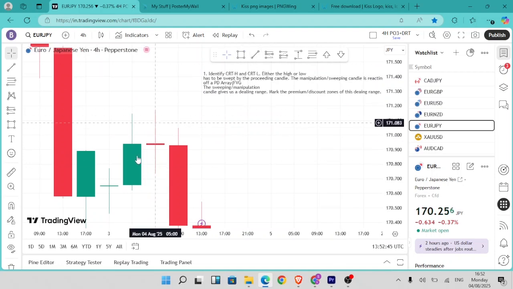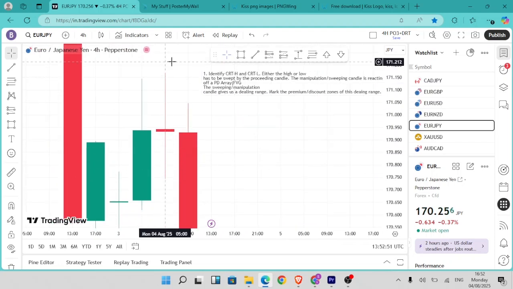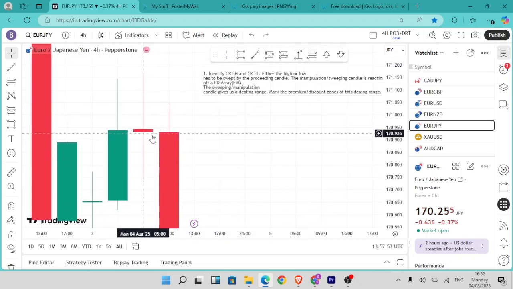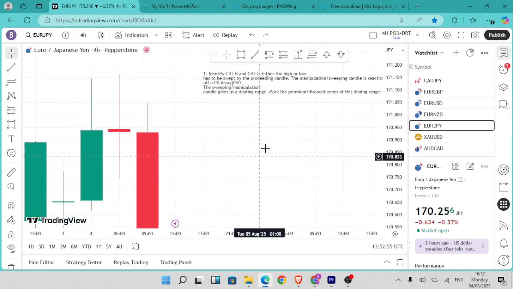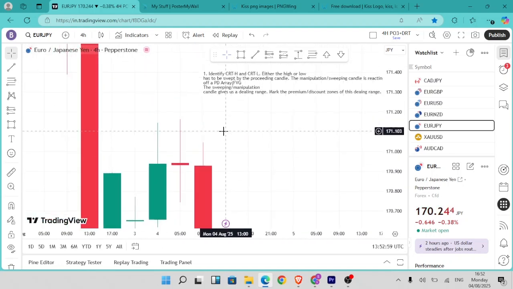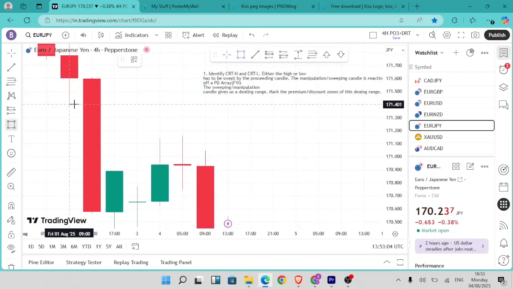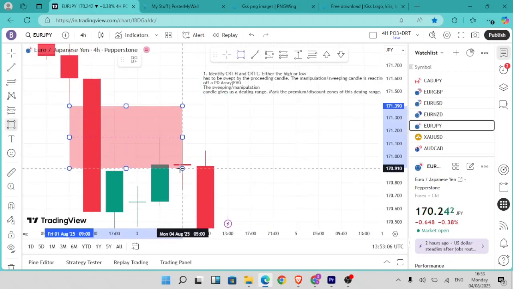We have this bullish candle, and then we have this bearish candle, an indecision candle, because the body is quite small compared to the wicks. And then you will notice these two are inside a fair value gap.